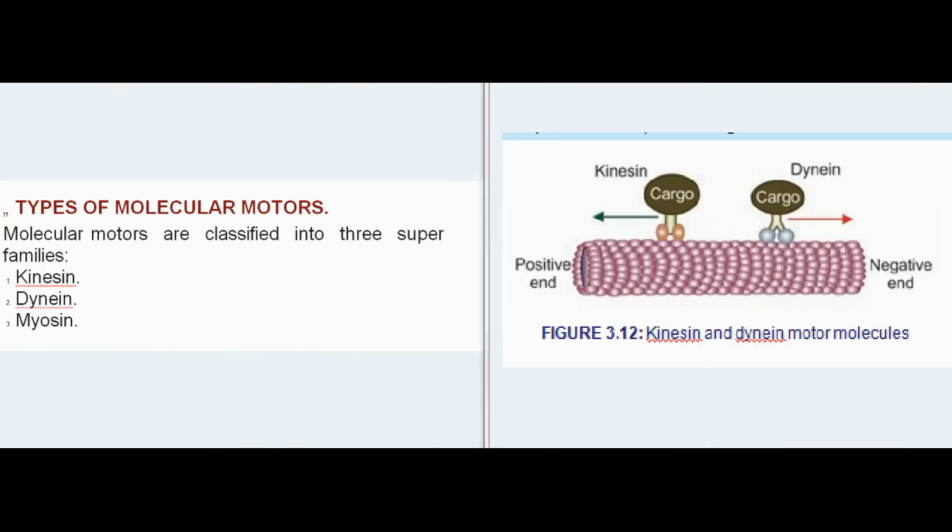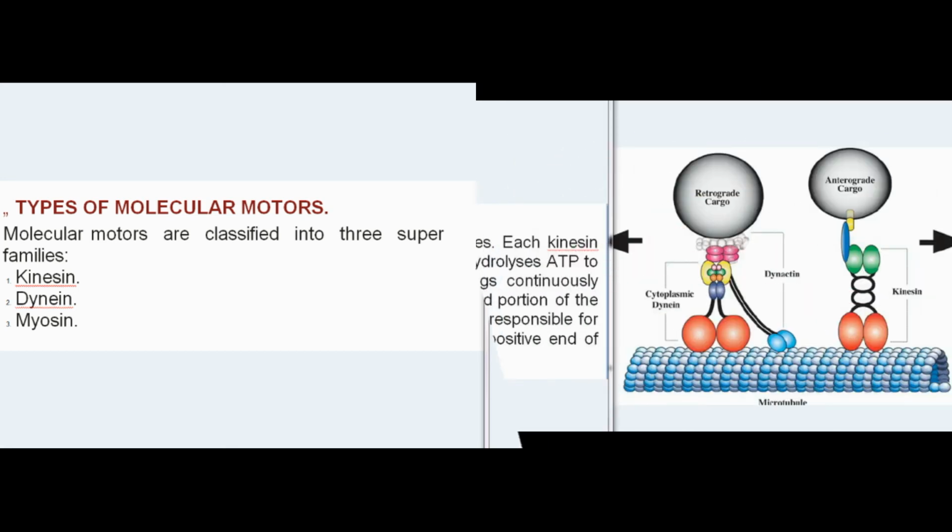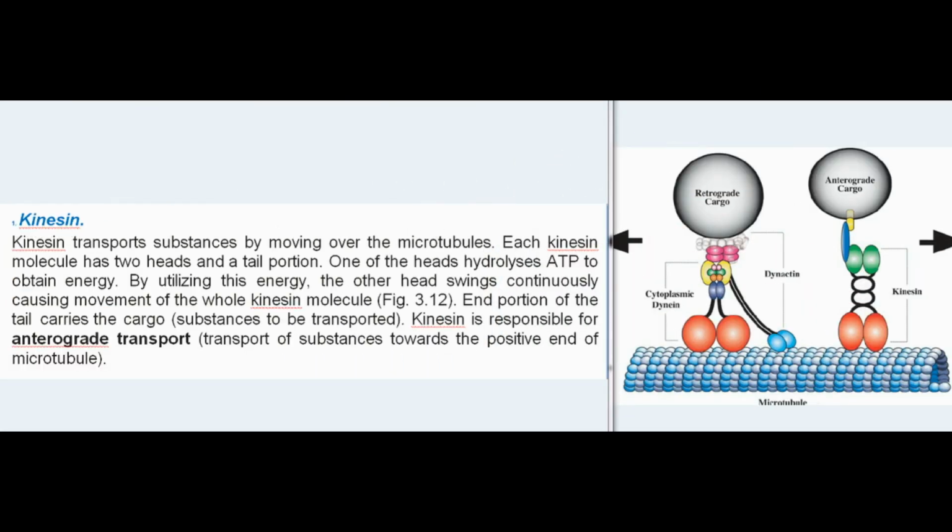Types of molecular motors. Molecular motors are classified into three superfamilies: kinesin, dynein, myosin. Kinesin. Kinesin transports substances by moving over the microtubules. Each kinesin molecule has two heads and a tail portion. One of the heads hydrolyses ATP to obtain energy.